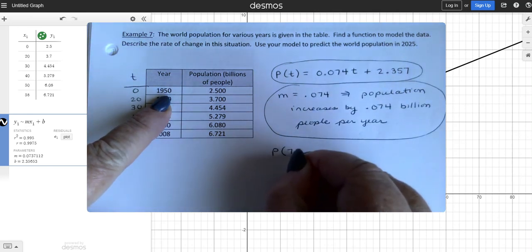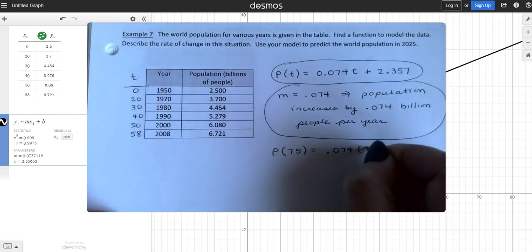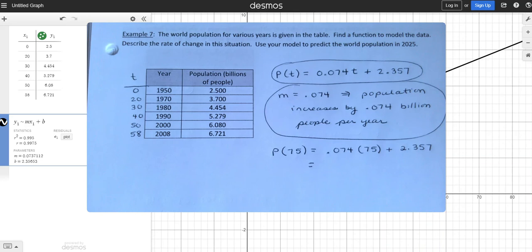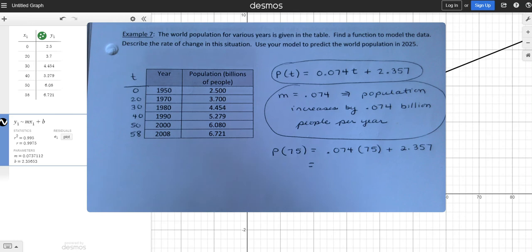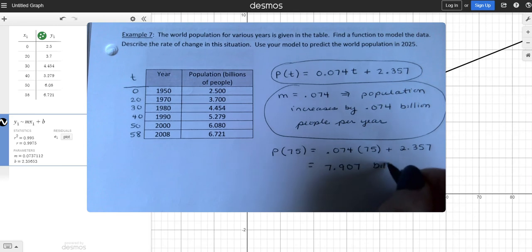So we'll go with P of 75. And I've got about 7.907, and that would be in billions.